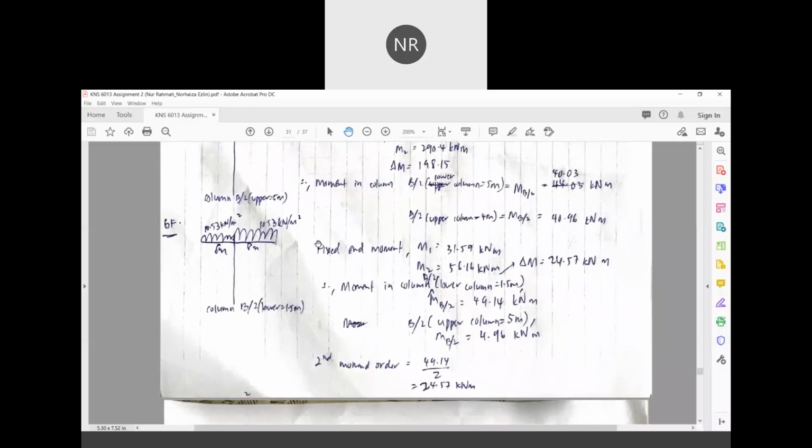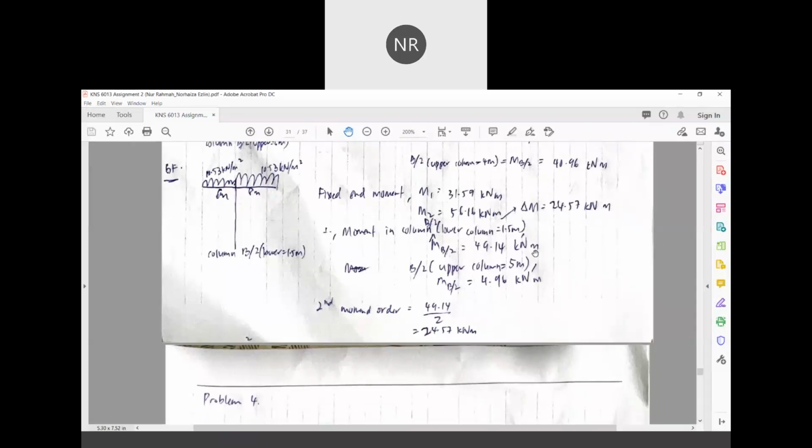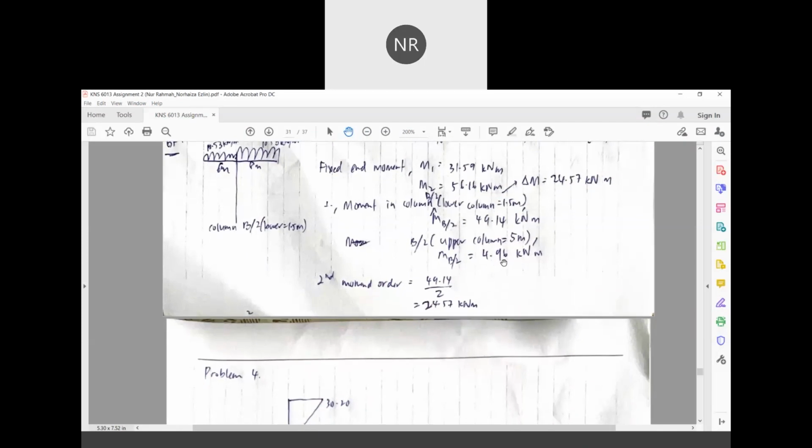Okay, at the ground floor, our moment for the lower column, 1.5 meter, is equal to 49.14 kilonewton meter. For the upper column, 5 meter, our moment D2 is equal to 4.96 kilonewton meter.